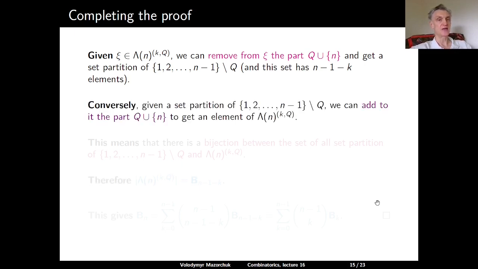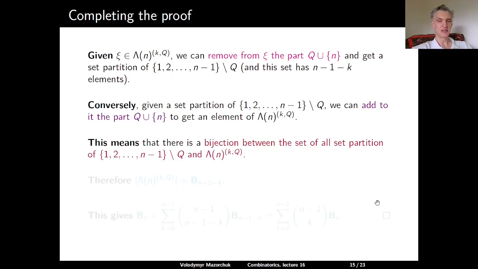Conversely, given a set partition of the set {1, 2, and so on, n minus 1} minus Q, we can add to this set partition the part Q union with {n} to get an element of Λ(n, k, Q). This means that there is a bijection between the set of all set partitions of {1, 2, and so on, n minus 1} minus Q and the set Λ(n, k, Q).